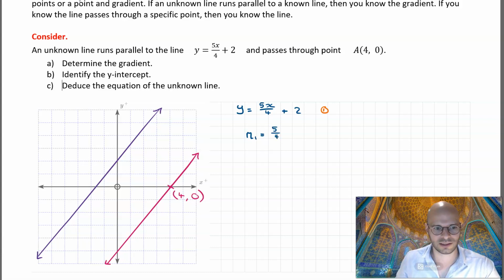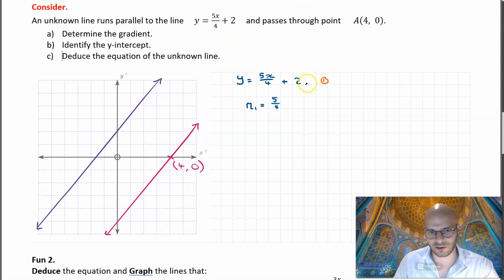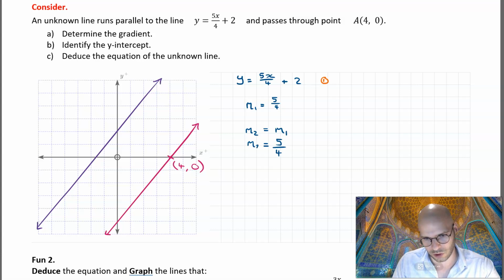And as mentioned in the question, the unknown line runs parallel. If the line runs parallel, then the unknown line's gradient m2 must be equal to m1, which in turn must be equal to 5 over 4. So for part A, we have determined the gradient has got to be 5 over 4 because they're parallel.